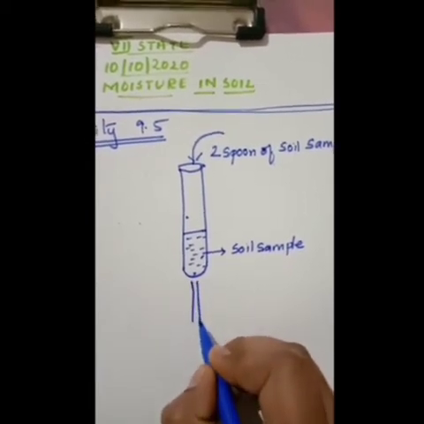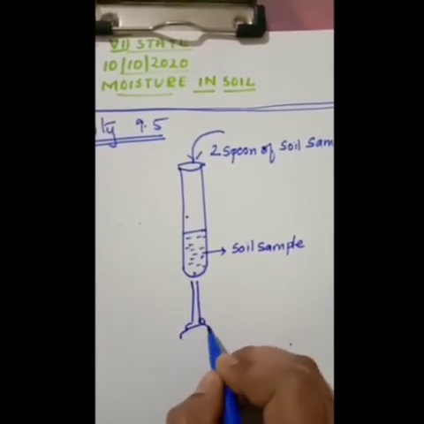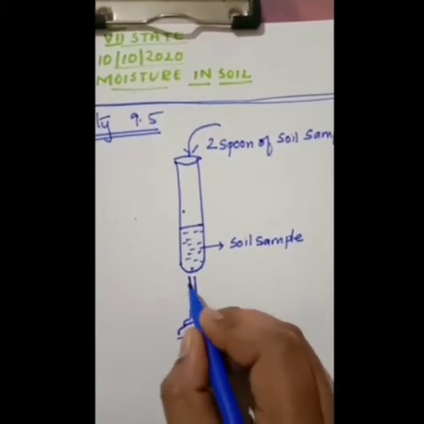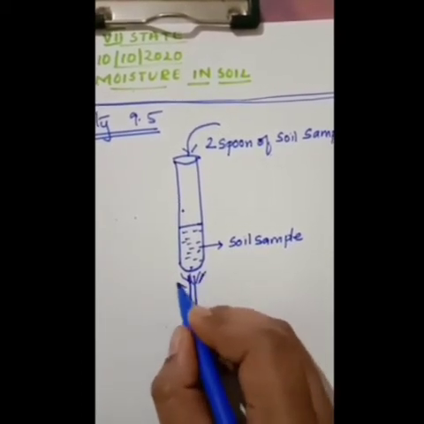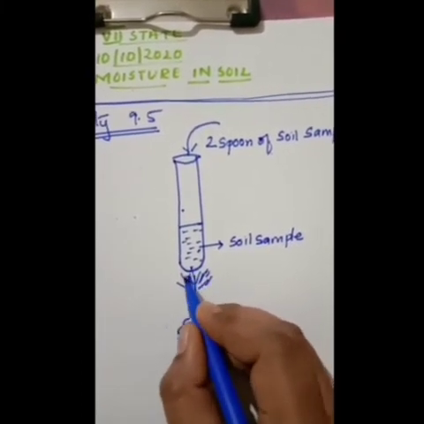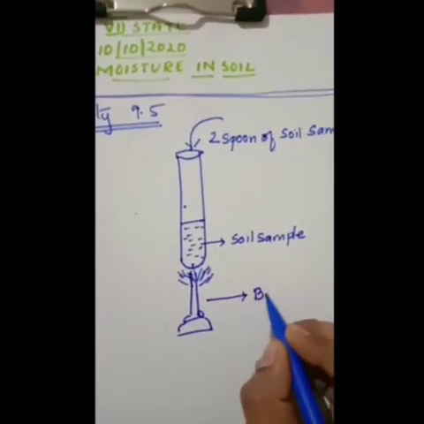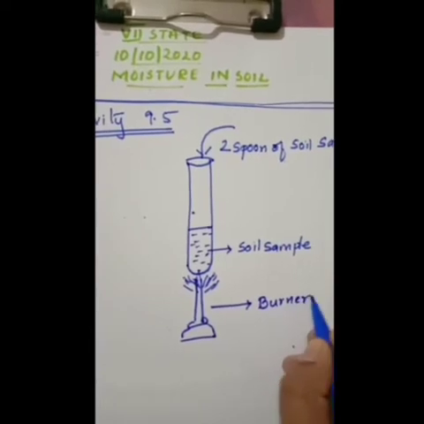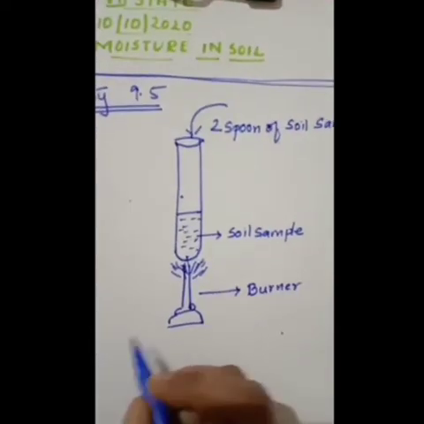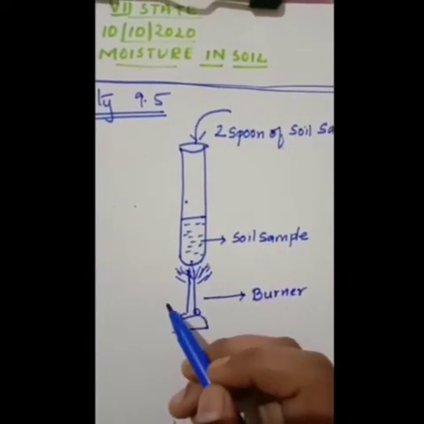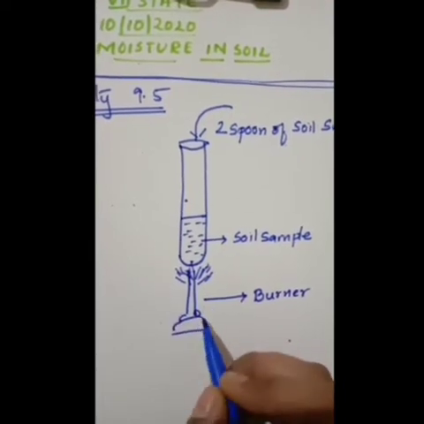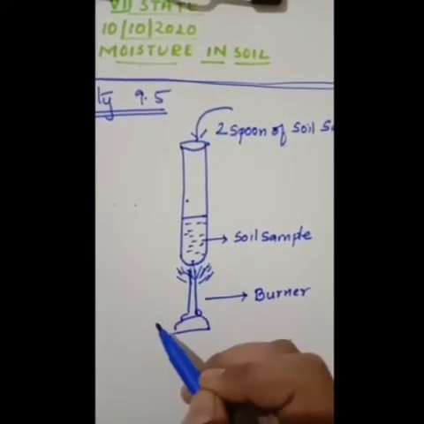For heating, we need a flame, right? So we call this a Bunsen burner, where we get a flame. So here we will name it as burner. So now we have a soil sample, and we have a burner and we have a flame here.